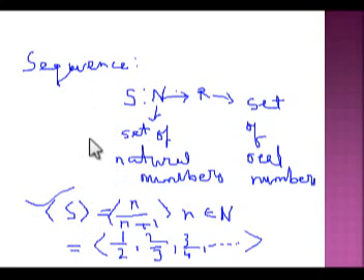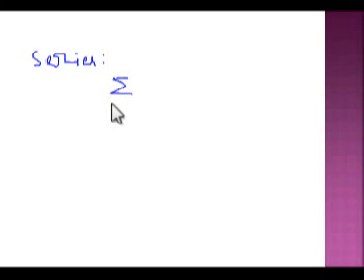So we also need to know what a series is. A series is typically given by the summation of the sequence, from n equal to 1 to a finite or infinite number.